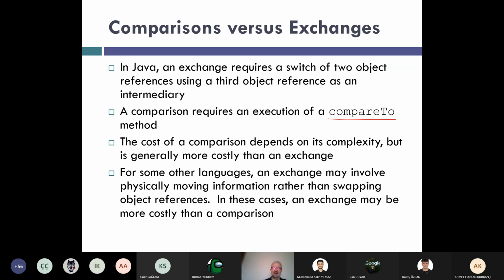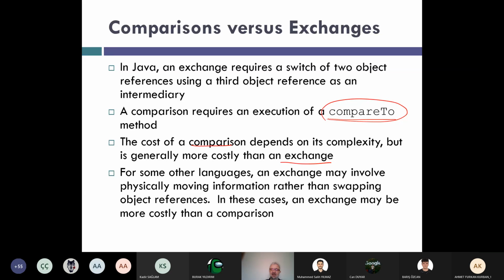When you compare these two operations, comparison and exchange, exchange usually means moving references, but comparison requires calling this comparator method.